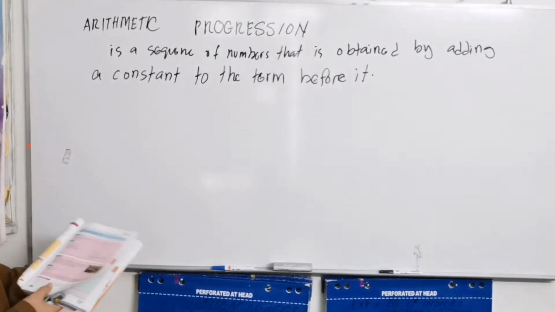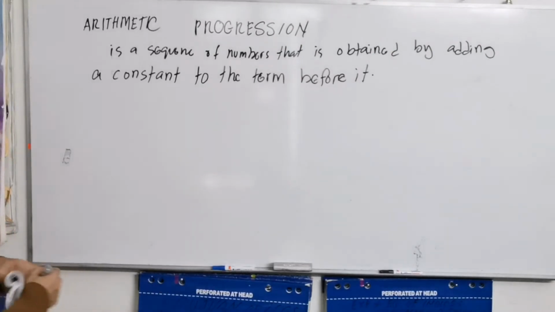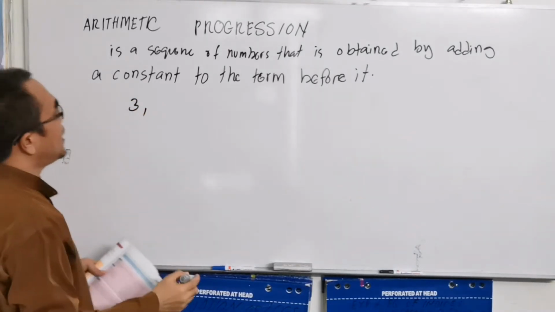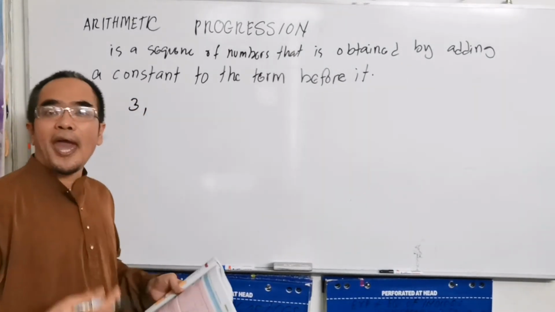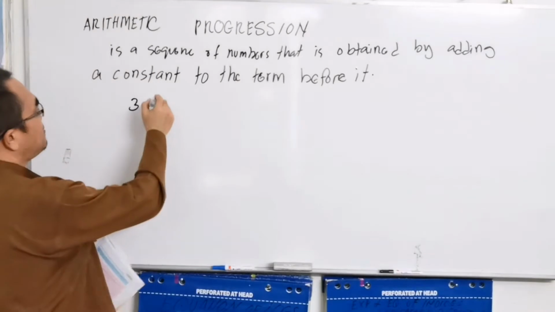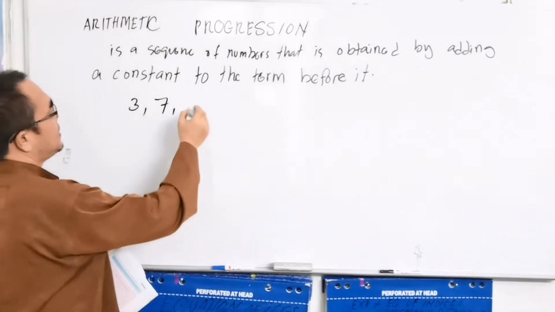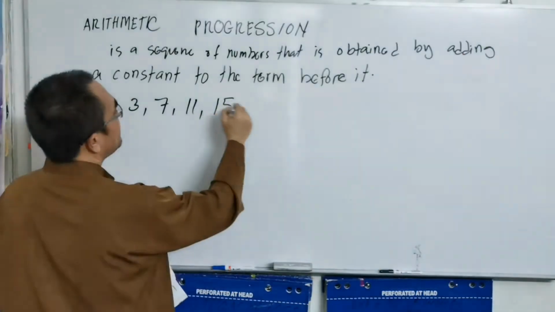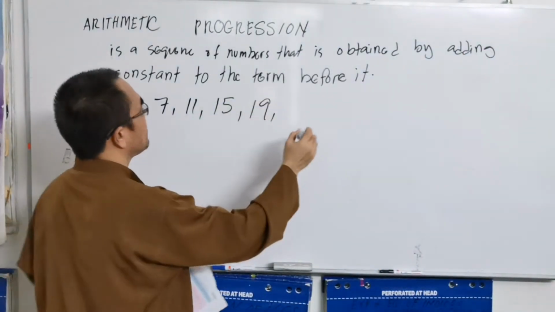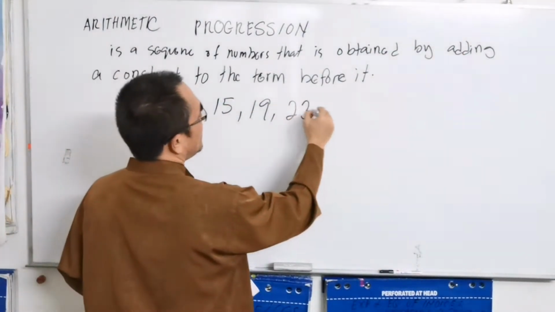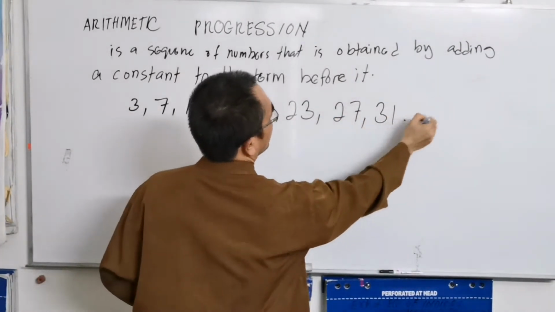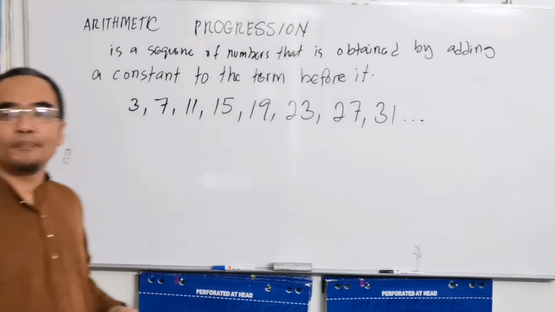So, for example, if I start with the number 3, then maybe I add 4, then it becomes 7, then 11, 15, 19, 23, 27, 31, and so on.